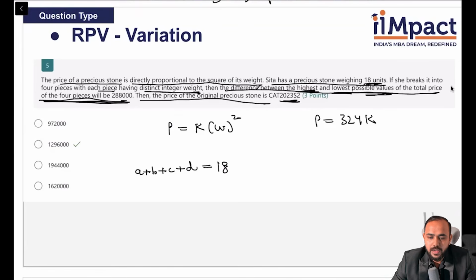You will try and have as much disparity in the weight as you can. So the highest value you will get corresponding to 1, 2, 3, and the fourth one is 12. The lowest you will get when these are as close as they can be. You will have to keep it 3, 4, 5, 6.